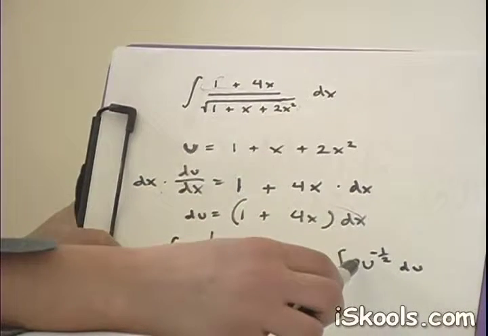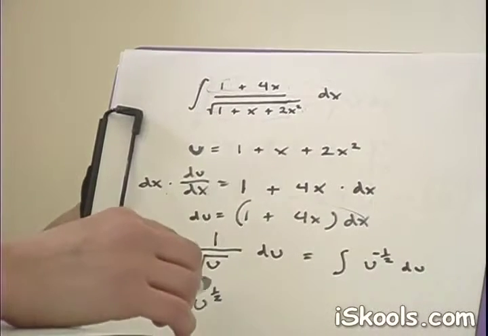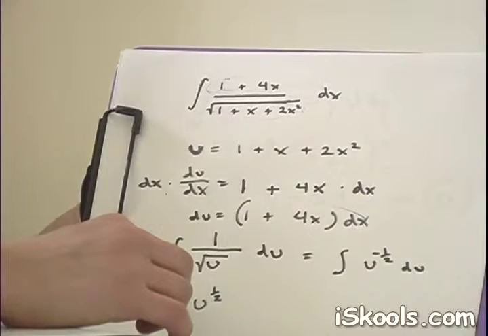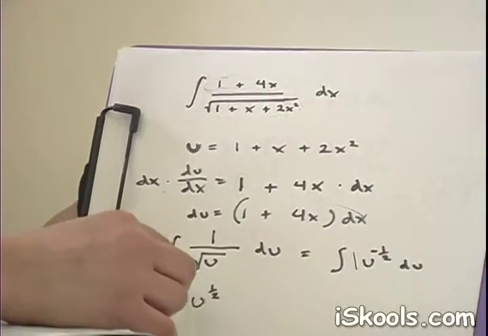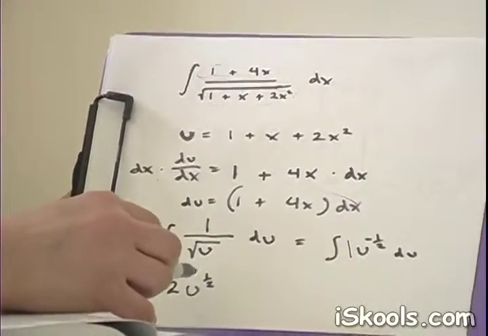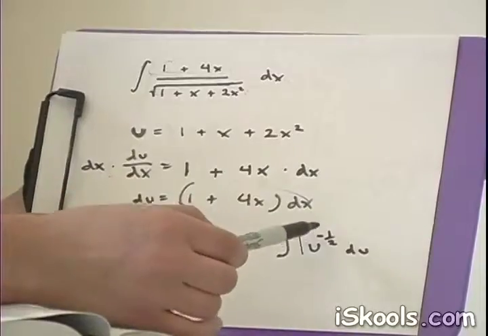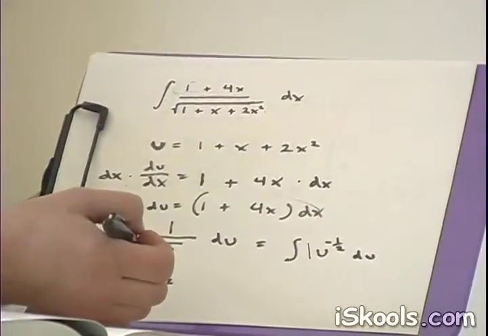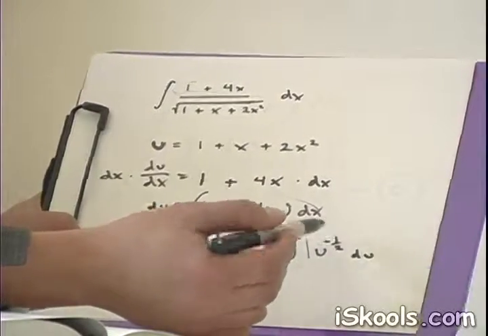If I have this original antiderivative, 1/2 times 2 would be the coefficient of 1 here. So I've gotten the coefficients taken care of. And then I would reduce this power by 1, which would equal negative 1/2. So 2u to the 1/2 power is the antiderivative of 1u to the negative 1/2.